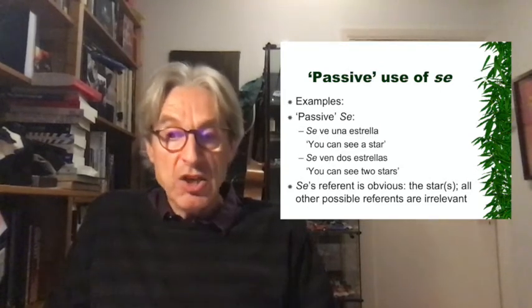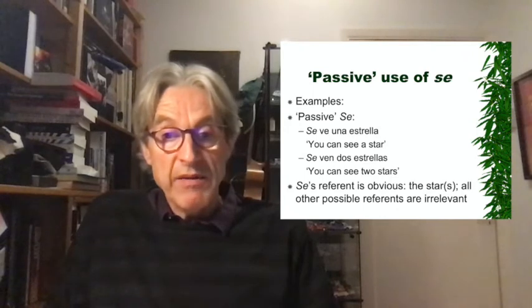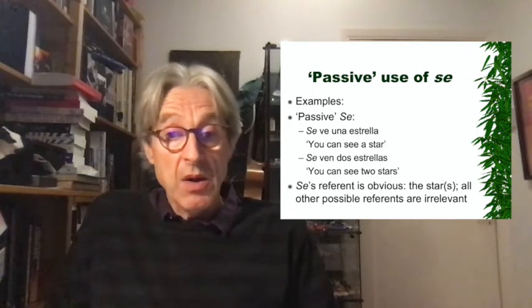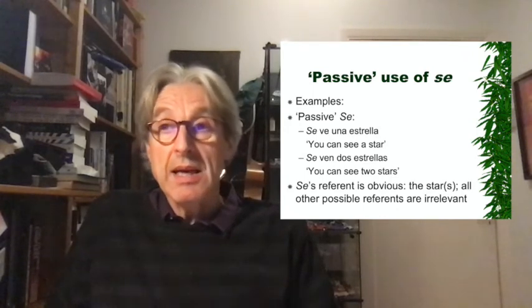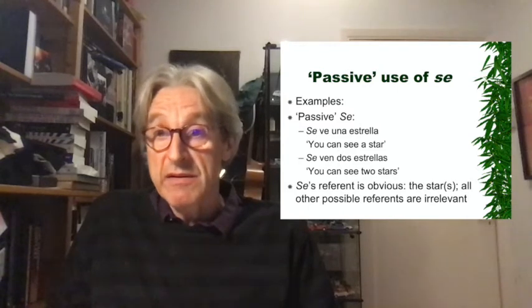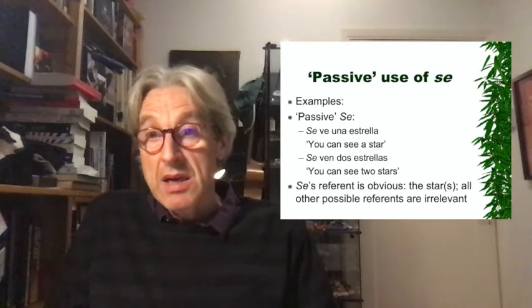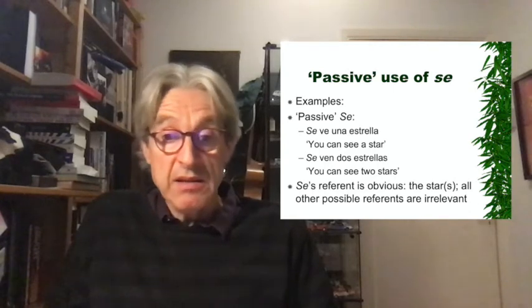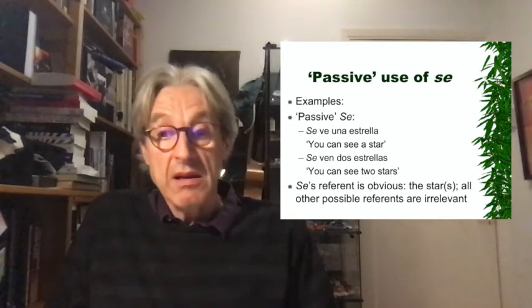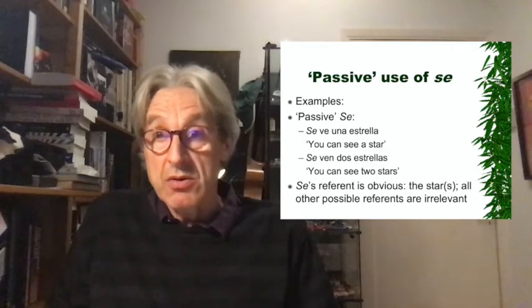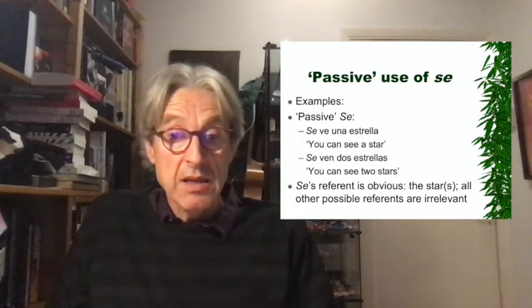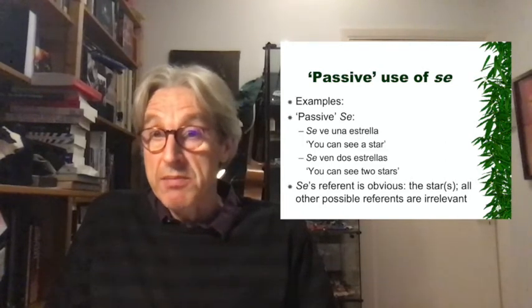Now what Spanish tells us is when we have the sentence, se ve una estrella, we see that una estrella has the same number as the verb ve, and in dos estrellas we see again the same number as the verb ven. So in se ve una estrella we see two times singular, and in se ven dos estrellas we see two times plural.